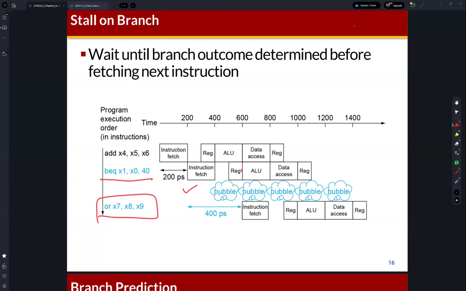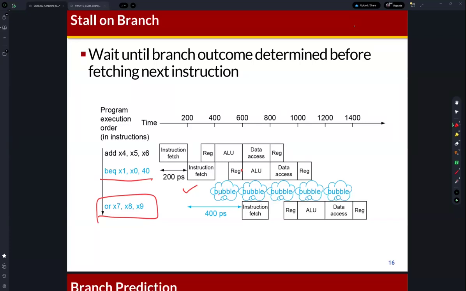Okay. So we can observe that when a branch instruction is executed, the clock cycles need to be wasted, right? Until we know the result of a branch instruction, we don't know the value of the next PC.